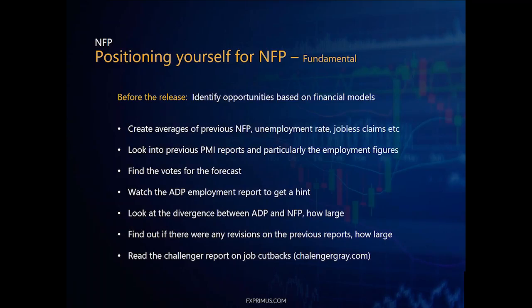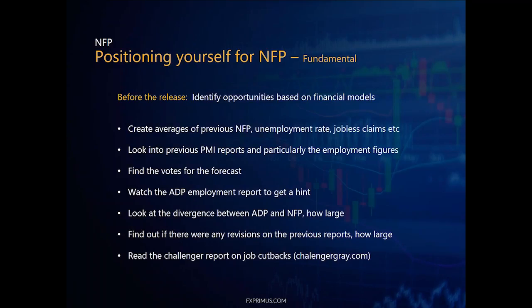For example, take the 8 simple moving average. You can add up all the previous 8 headline numbers and you have an estimate for that. It's as simple. You can look at the previous purchasing managers' index reports and anything actually involving employment figures. You can find the forecast votes by using different websites.